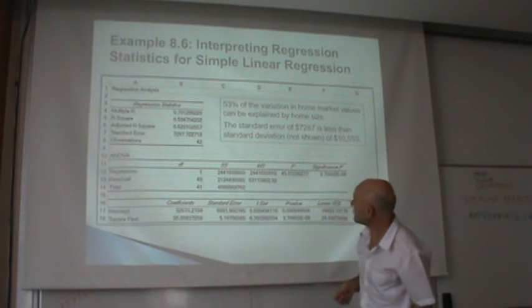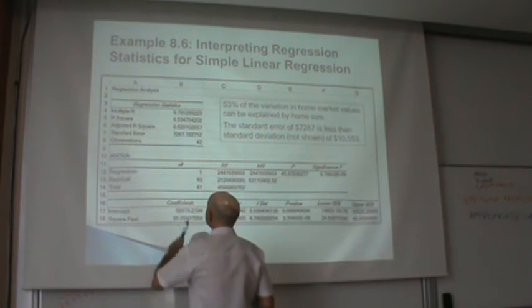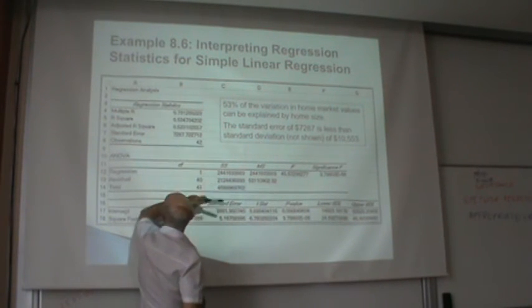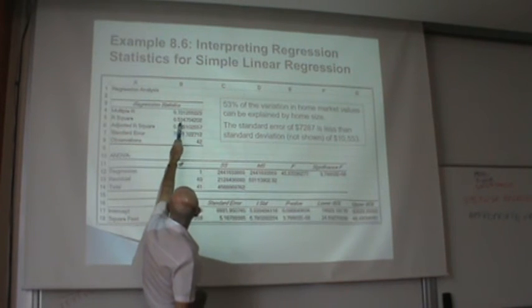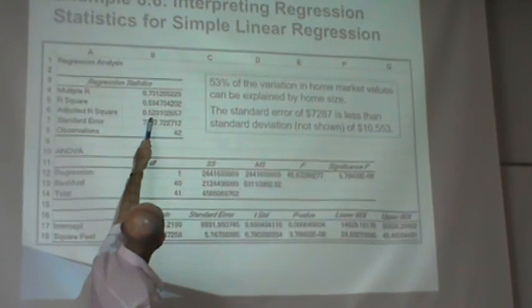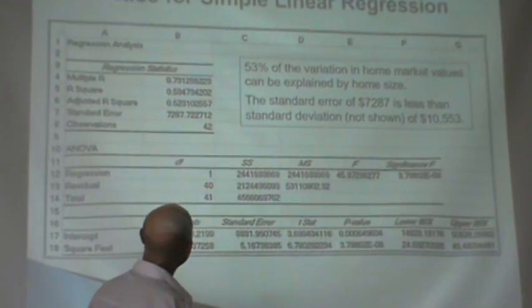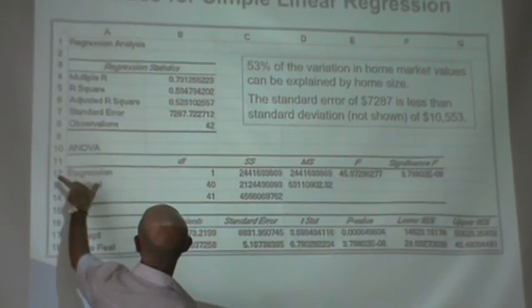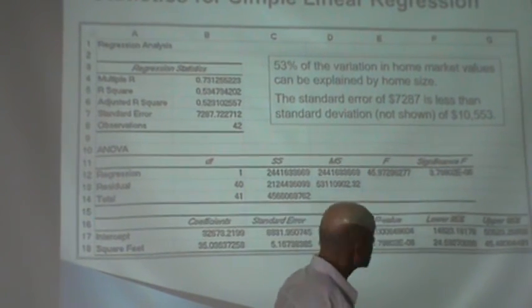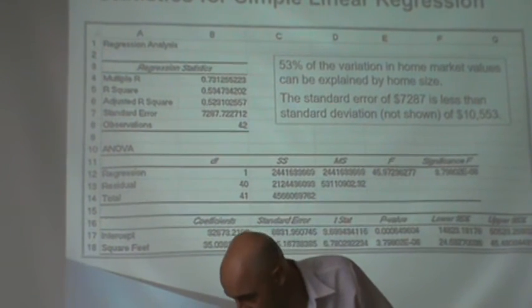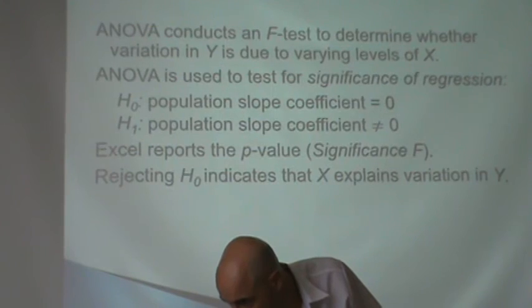All right. So here you see the multiple r is very high, the r squared is 53, the adjusted is 52. And sometimes you may look at the standard error, that's not very interesting. Okay, the ANOVA is this. I think these are the same results, basically.